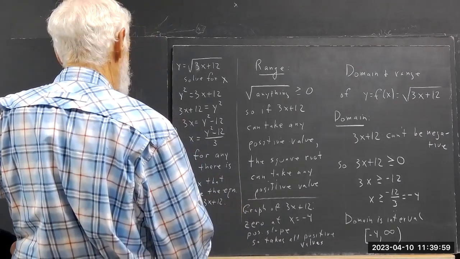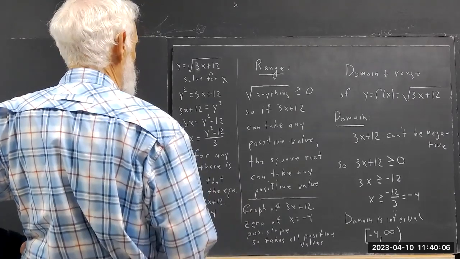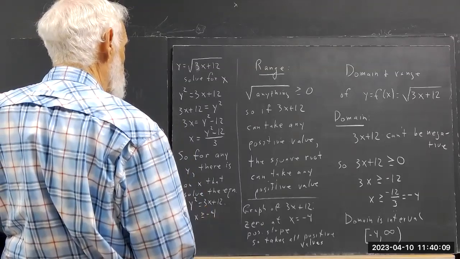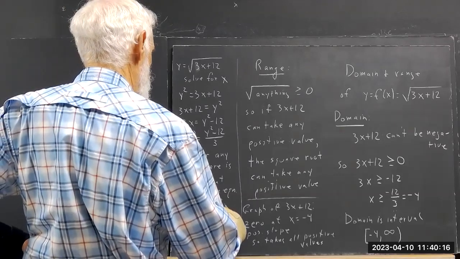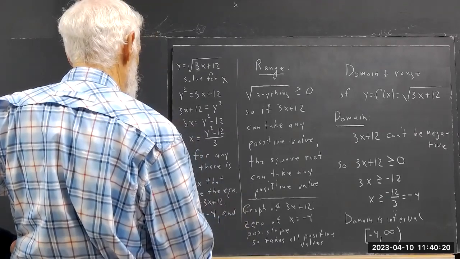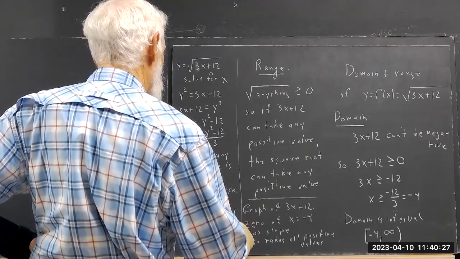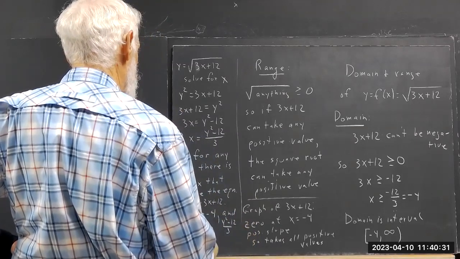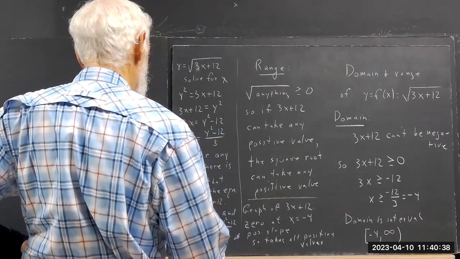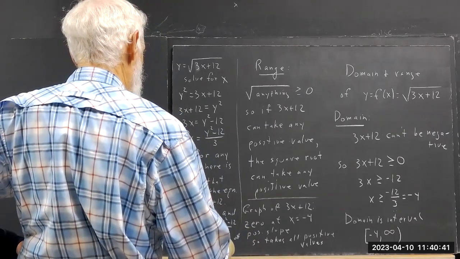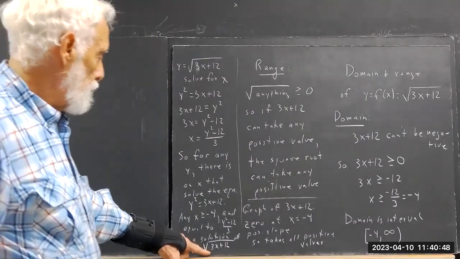Then I can say any x greater than or equal to negative 4, equal to y squared minus 12 over 3, is a solution of this.